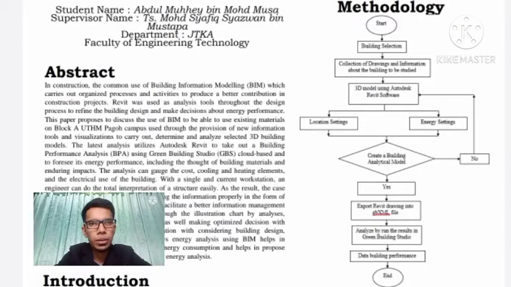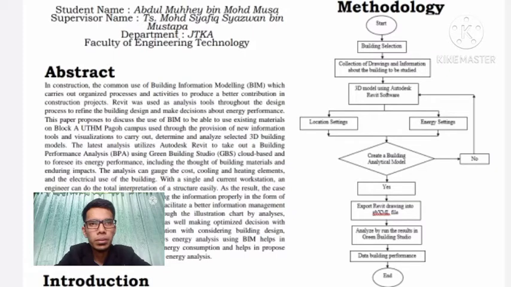I will go to building selection, where I will take Block A UTHM Campus Pagoh. The next step is collection of drawings and information about the building to be studied. In this section, there are three elements which the building needs to analyze.